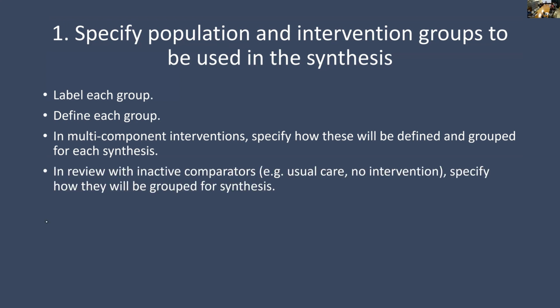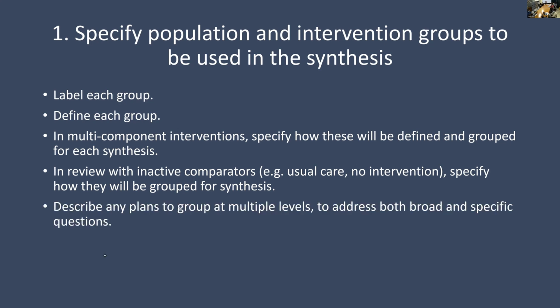If you have inactive comparators, like usual care or no intervention, mention clearly what you mean by usual care, because usual care in one hospital may not be the same as usual care in another hospital. Specify how they will be grouped for synthesis. Describe any plans to group at multiple levels to address both broad and specific questions. One of the reasons we do grouping is if we do not have enough studies to answer the sub-question.